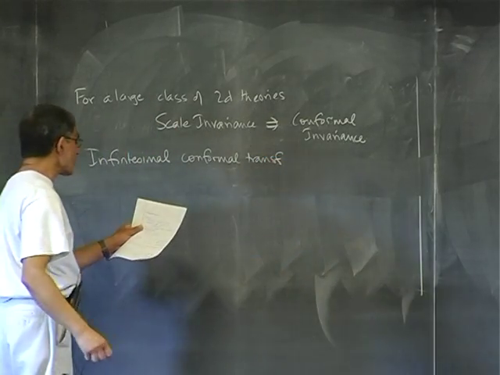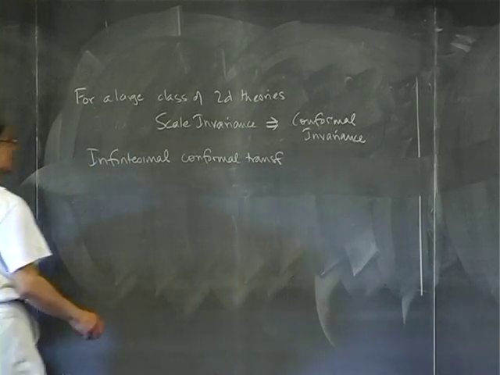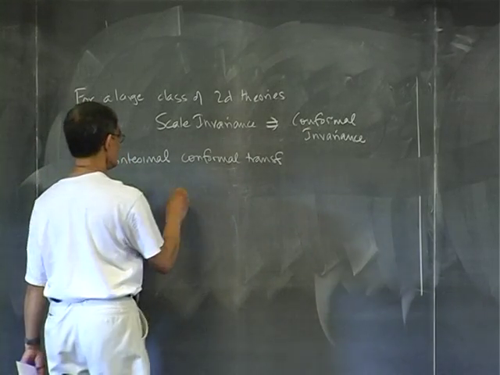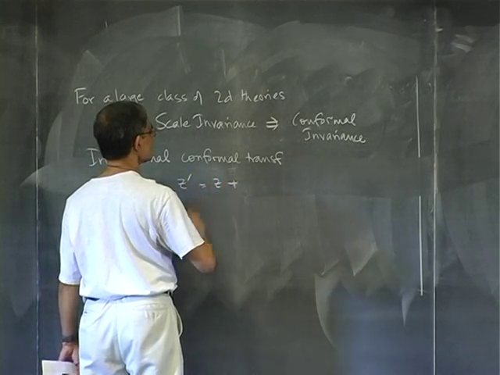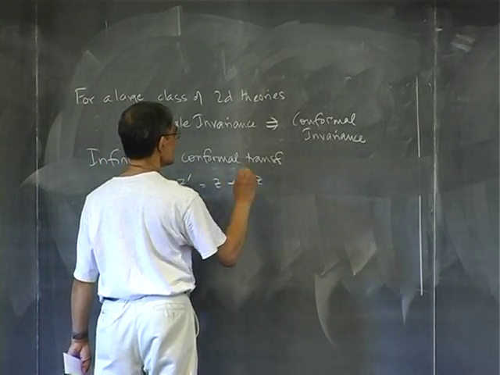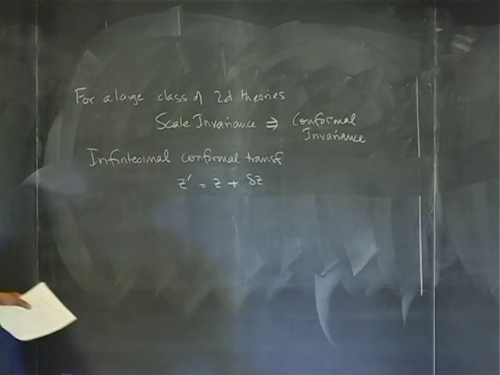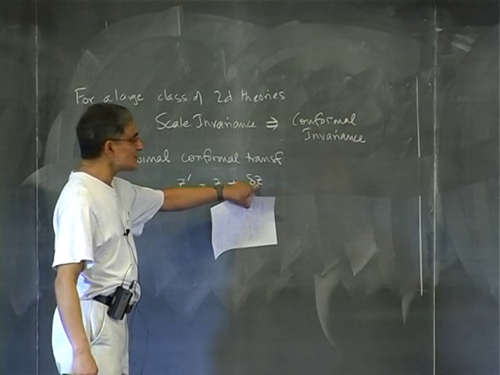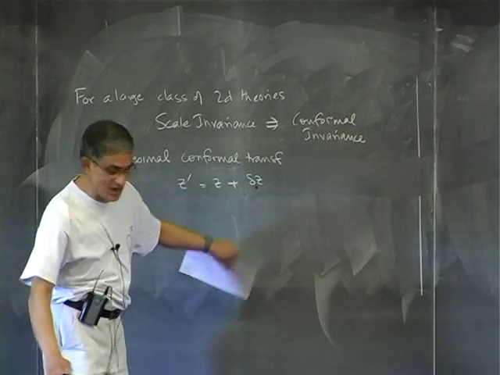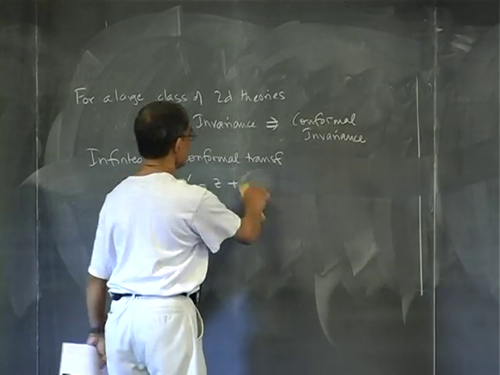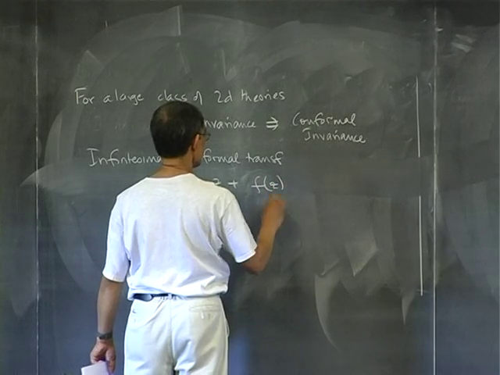An infinitesimal conformal transformation changes, say, z by a small amount. So z prime is equal to z plus some, say, delta z, and this contains an arbitrary function of z, but which is small.